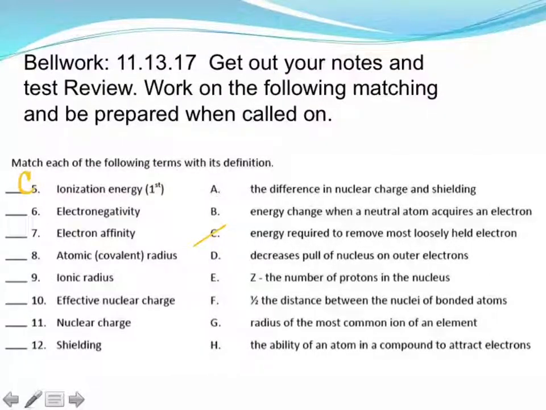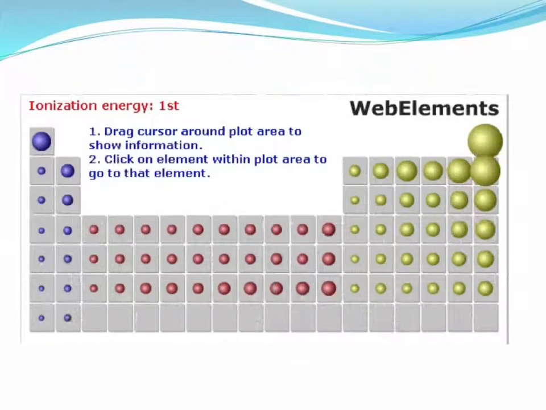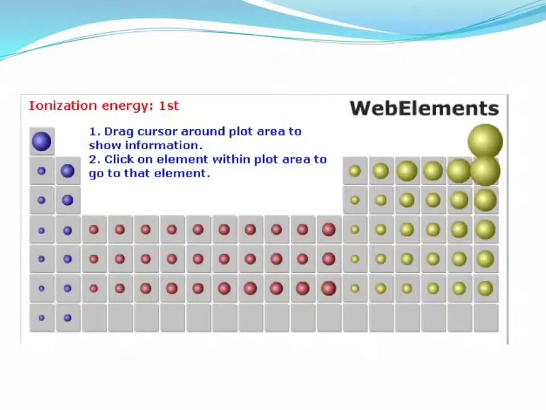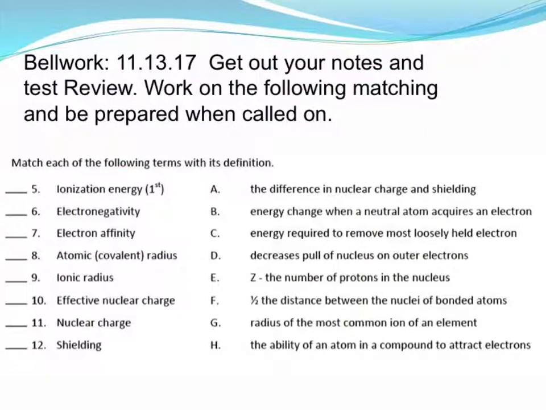Yes, that is H. This is ionization energy, we said was C. Electronegativity, we said was H. 9. Ionic radius. The radius of the most common ion. Yes. Number 8 is F. Atomic radius. Half the distance between nuclei of a bonded atom.